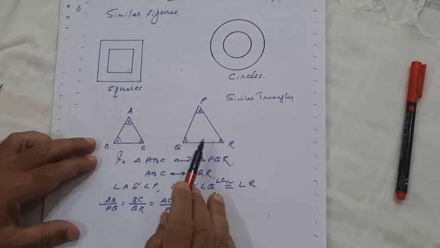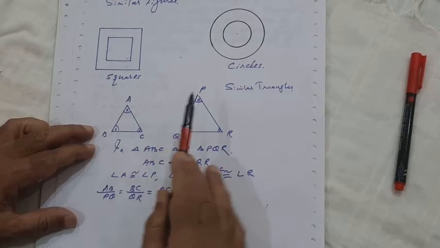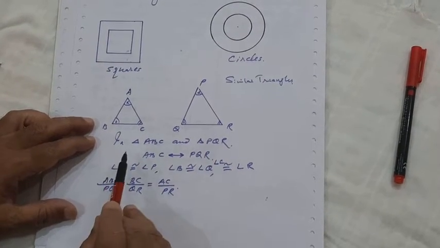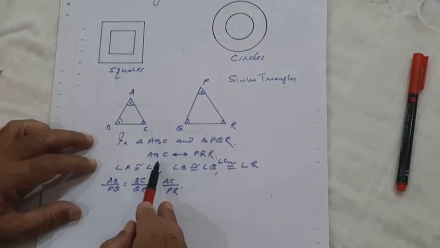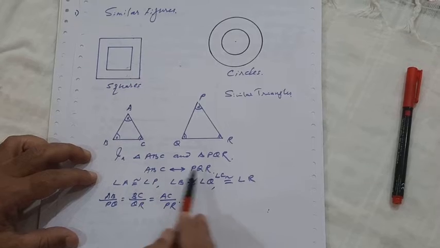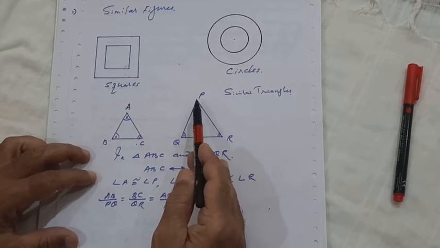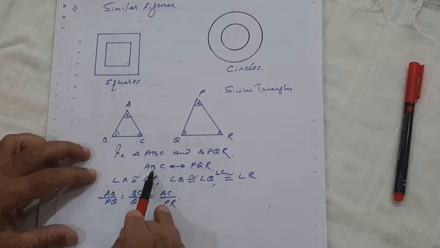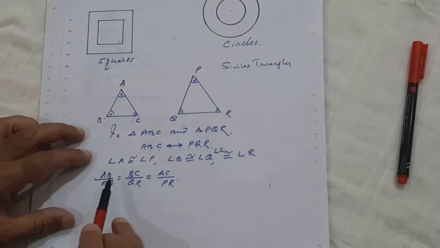In this figure, I have shown you a triangle ABC and triangle PQR. These are two similar triangles. So what are the conditions for the similarity? There should be 1-1 correspondence between the vertices. ABC corresponds to PQR. That is, A corresponds to P, B corresponds to Q, and C corresponds to R.